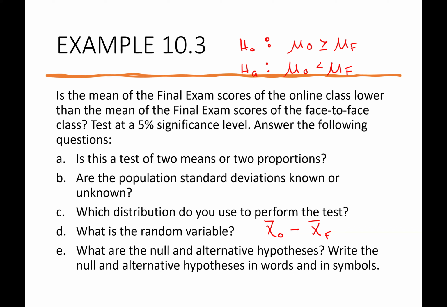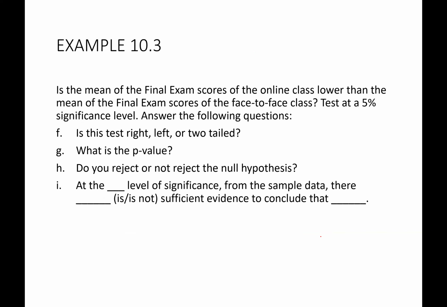Okay, so is this a left-tailed test, right-tailed test, or two-tailed test? Well, what was our alternative again? Our alternative is that the online is less than the face-to-face. So is that left or right? Left. Less than means left. And what's the p-value? So let's go calculate the p-value.